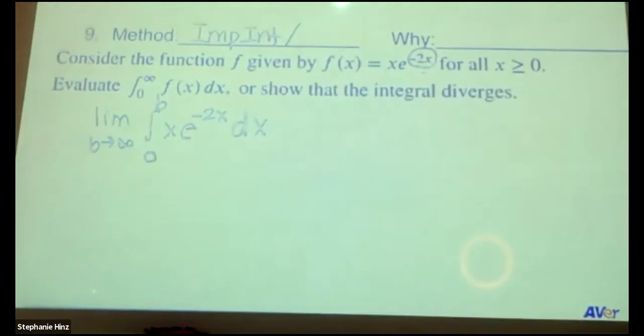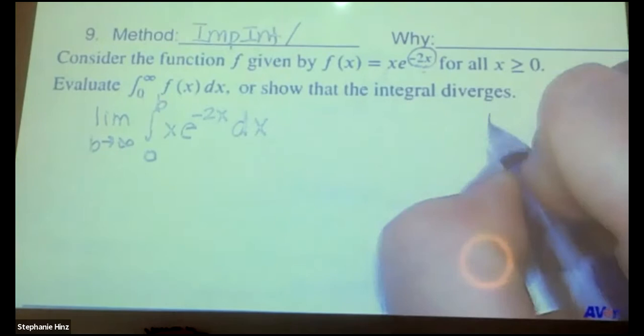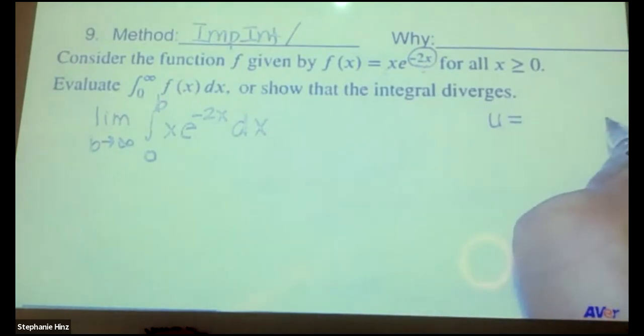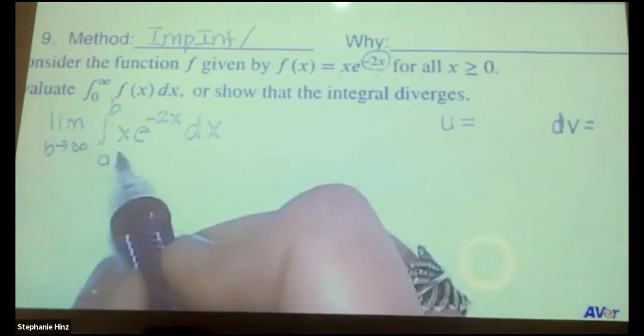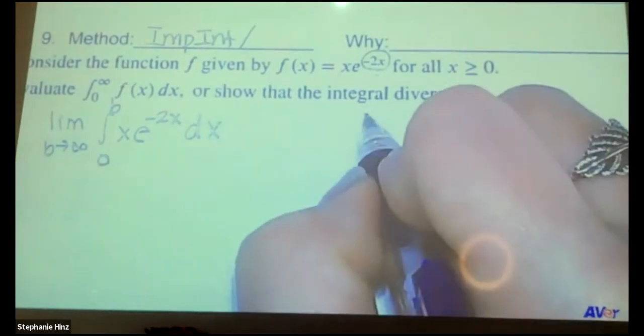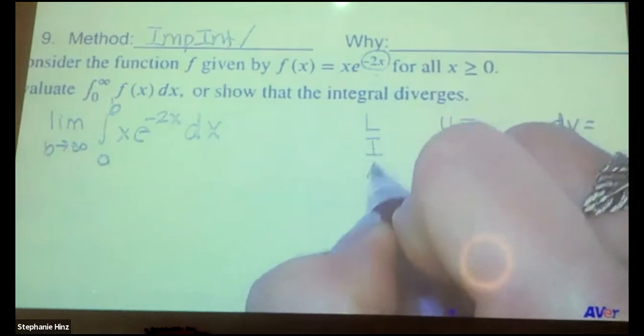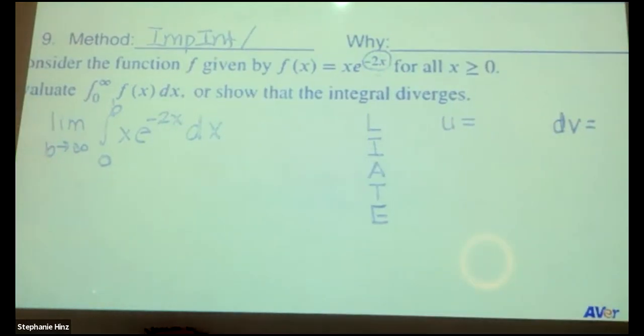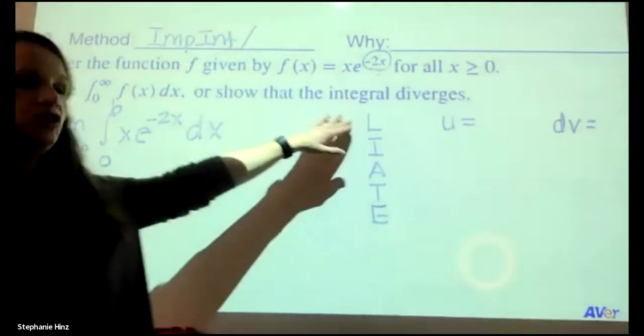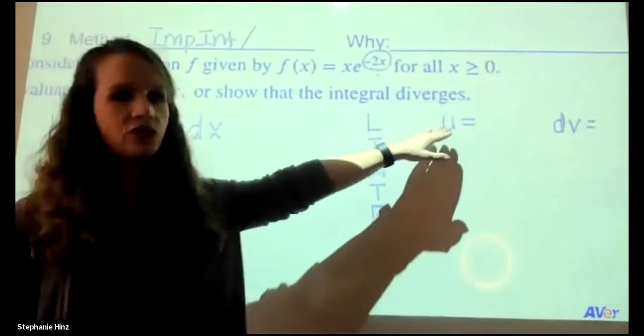So if you will remember, when we have u and our dv, everybody does this a little bit differently as well. I have seen in multiple places the acronym LIATE. This is a suggestion on how you select your u.